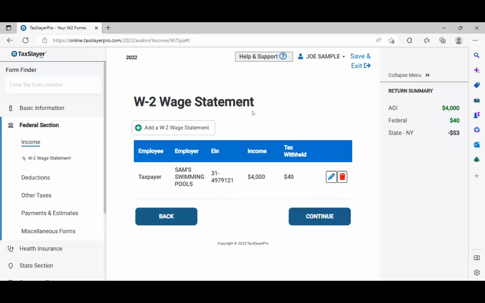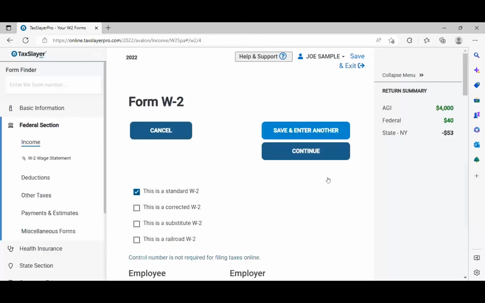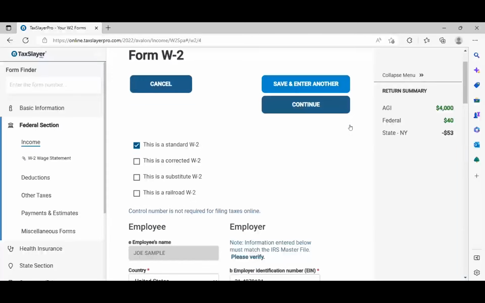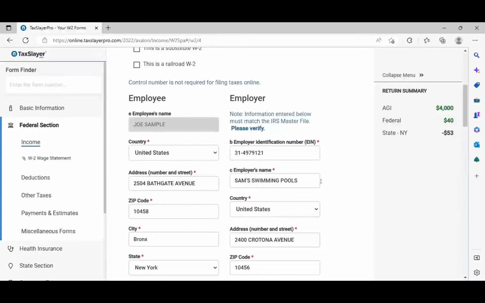All right. Let's see what the W-2 looks like. So we're going to go edit. I'm going to hit the pencil icon there, and let's navigate the screens. Again, they're asking information about the employee, and that's more or less carried forward from the main screens. It talks about the information on the person's employer.